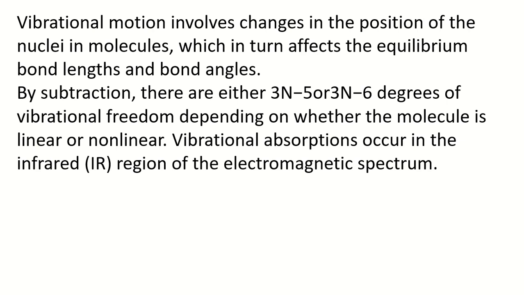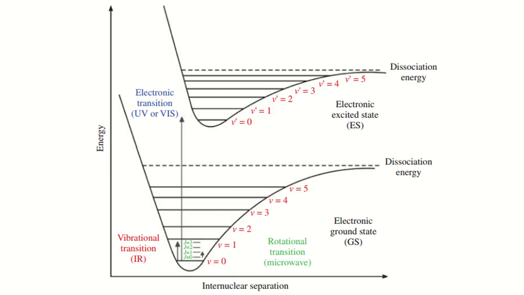The different types of energy levels in molecules are actually superimposed on one another, as shown in this diagram. This section focuses exclusively on the vibrational spectra of molecules, although the principles developed can also be applied to the rotational and electronic spectra.